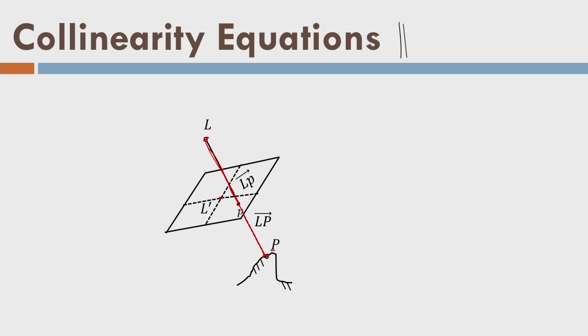So, I can see here that 3 points, this is the exposure station, point p here that is called the image point, and this is the point on the ground, they are in one line. I hope you appreciate that concept, it is very simple.